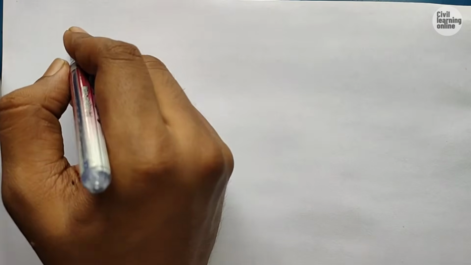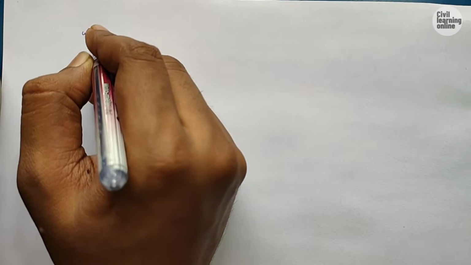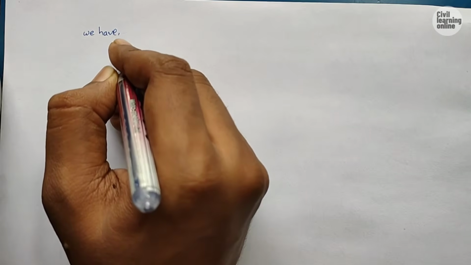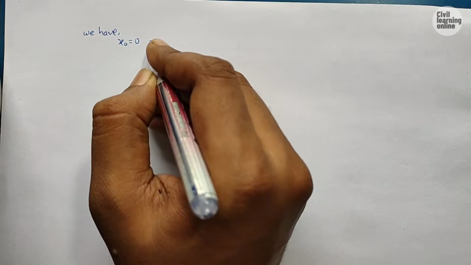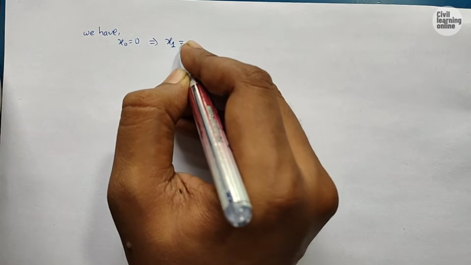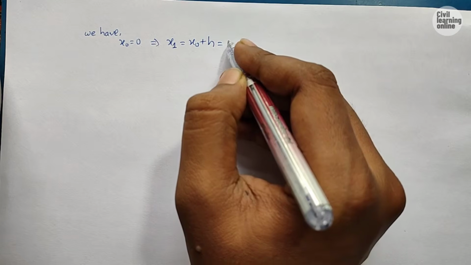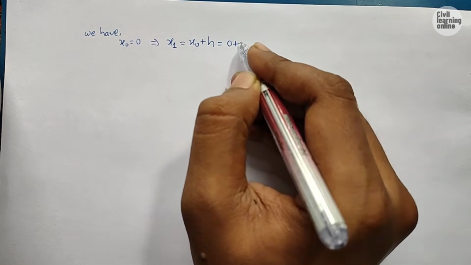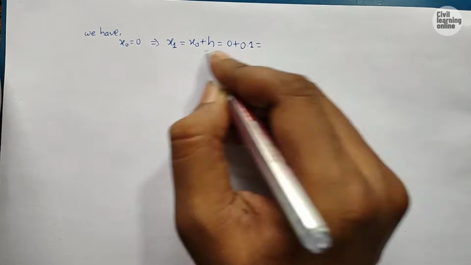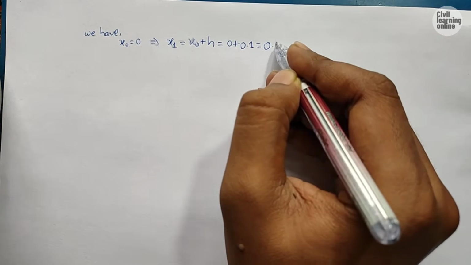So guys, as we have x0 equals 0, our x1 equals x0 plus h, which is 0 plus 0.1, so x1 equals 0.1.